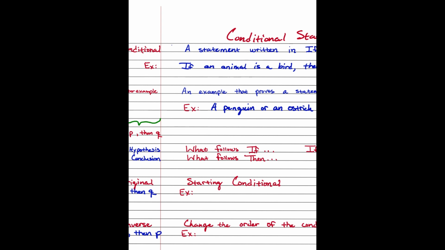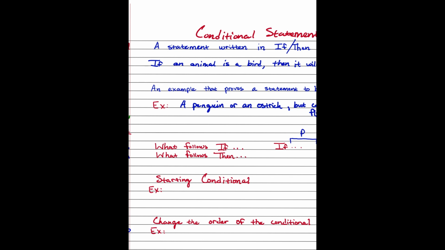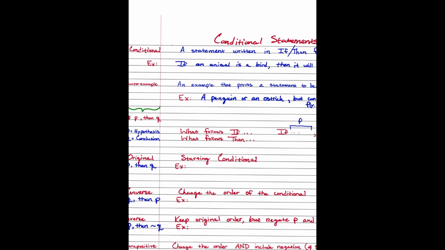These are birds that cannot fly. So they are birds, but can't fly. That is what we call a counterexample, because these two birds prove that the previous statement is false. So that's how we decide if a statement is false: if you can provide a counterexample.